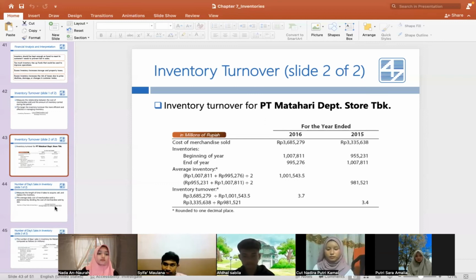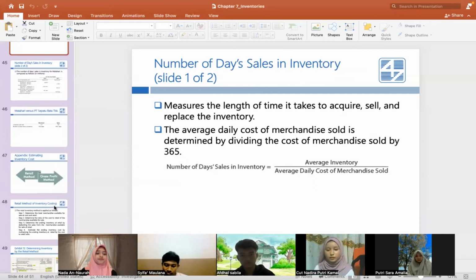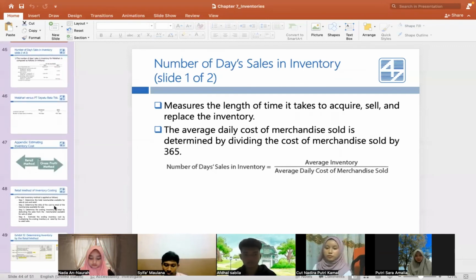The next method for analyzing financial ratio, we use number of days sales in inventory.